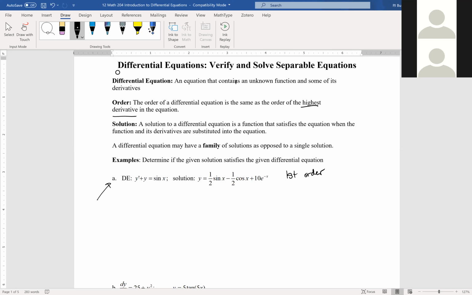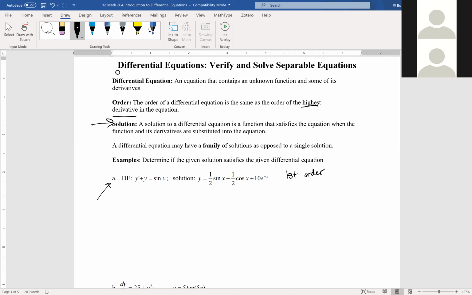Now the thing that I think is the most interesting part of differential equations are the solutions. So we are used to a solution being something like x equals 2, or the volume is 27 pi over 12.